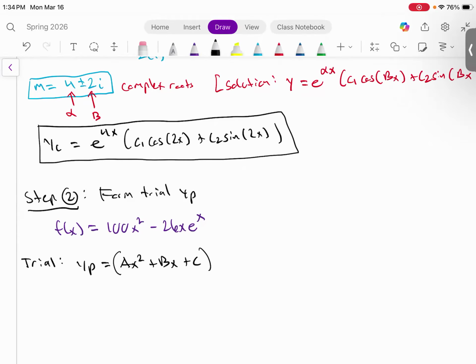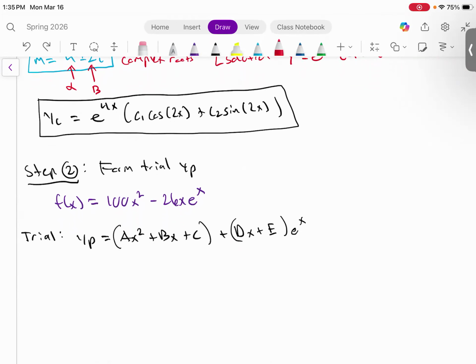Then the next component would be plus dx plus e because of that 26x, and then we would just leave e to the x times that linear function. Just because we have that x times the e to the x, we need to take care of that as a linear function. So that's our setup.